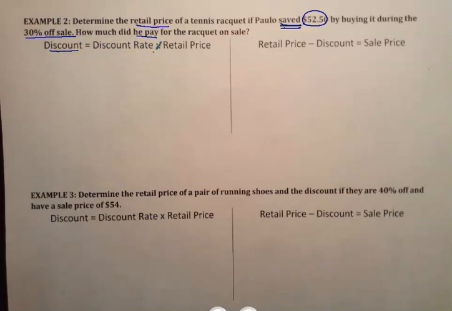Do we know the discount amount? Yeah, we do, that's the $52.50. Then we have equals. Do we know the discount rate? Yeah, it's 30%, so 0.3. Do we know the retail price? Nope, we don't. So this is going to be R for retail.